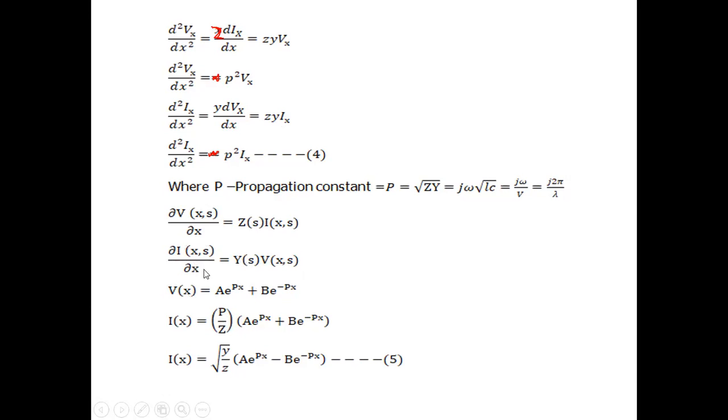Now, the solution for the above two equations is V of x equal to A into e power px plus B into e power minus px. And similarly, I of x is equal to P by Z into A into e power px plus B into e power minus px. If we substitute the value for P and rewrite the expression, we get square root of Y by Z into A into e power px minus B into e power minus px.